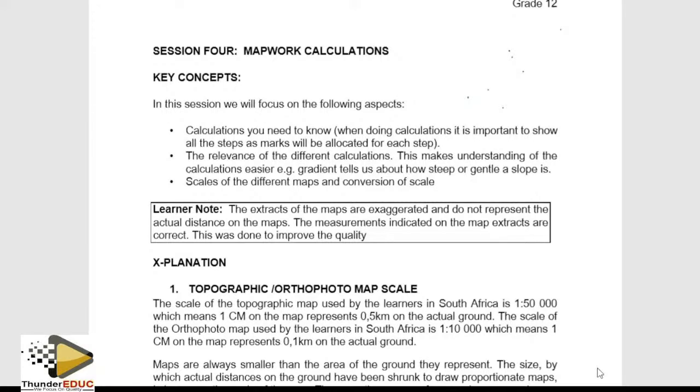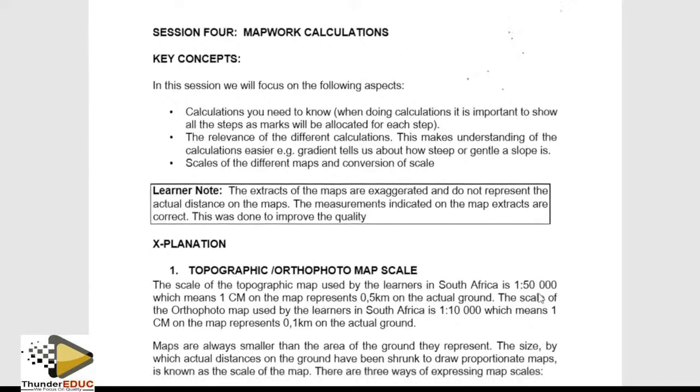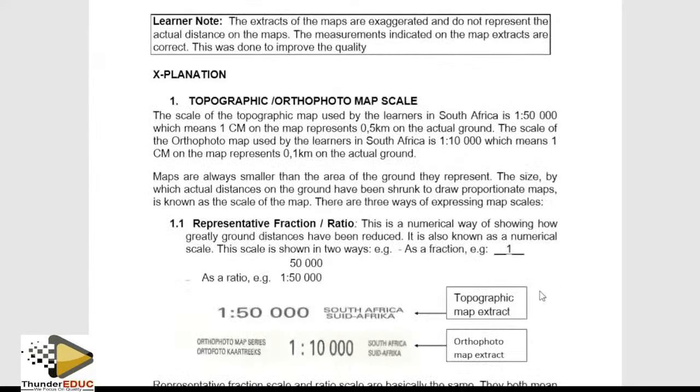In the same way, 1 centimeter on the map represents 100 meters on the ground in actual reality. So the moment you familiarize yourself with which kind of map you are using and what the scale of this map is, it makes it easier for you to understand what you are now dealing with.